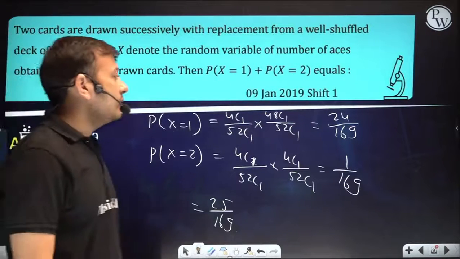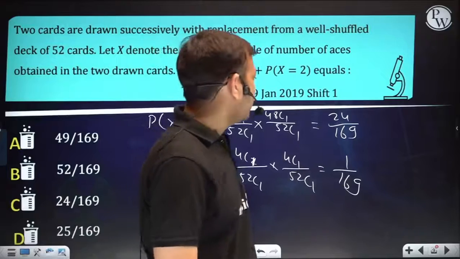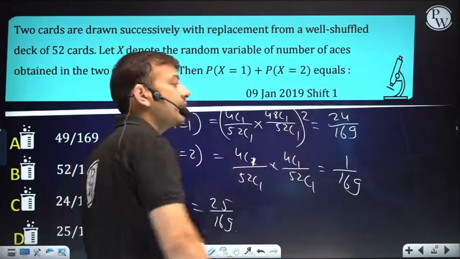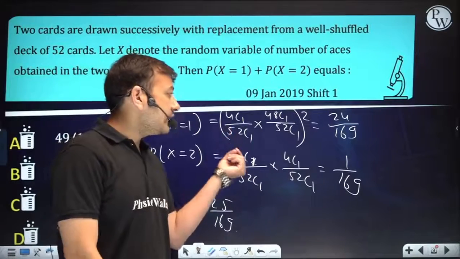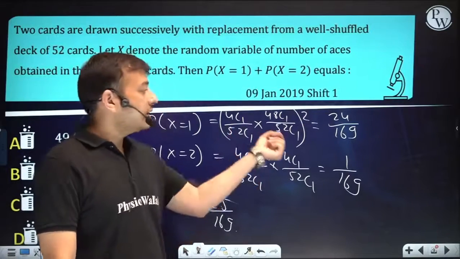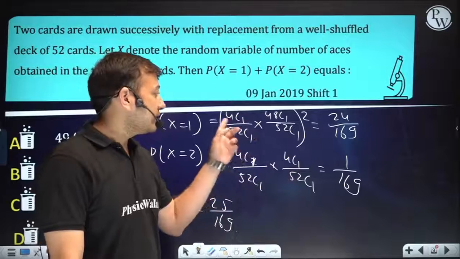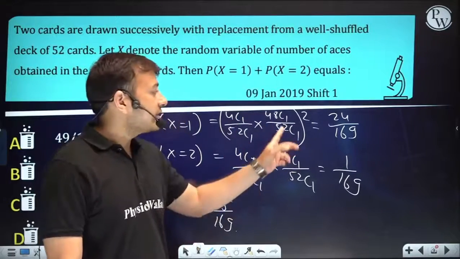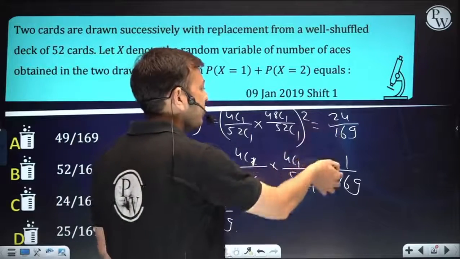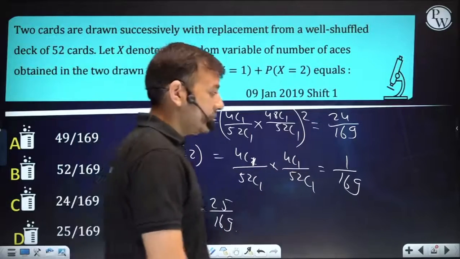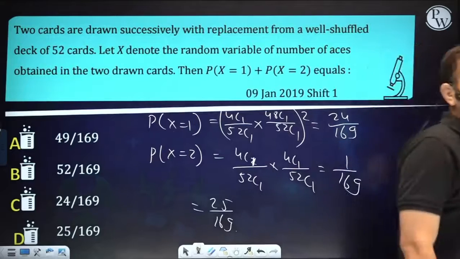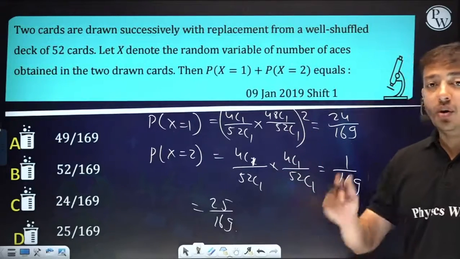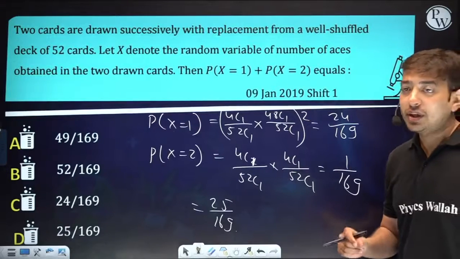In this way you need to solve this. And here 2 will be there. Why? Because first can be ace card, then second non-ace card, or non-ace card and ace card, so into 2. So that's why 24 by 169 will come in this way. So one by one and successively are different as compared to random. Always remember that.